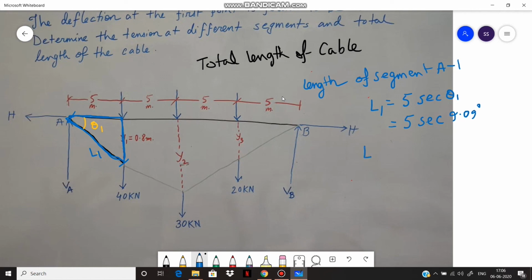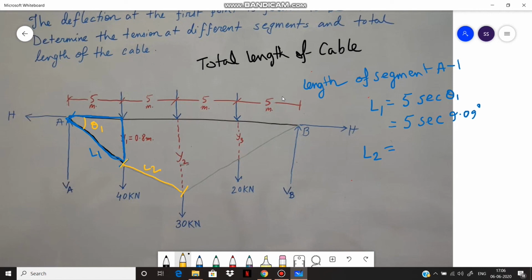Applying the same principles, we have L2, that is from here to here. This is the length of the segment 1, 2.